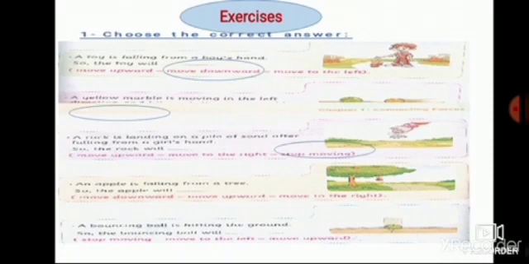So the apple will move downward. The last one, the bouncing ball is hitting the ground. What will happen? The ball hits the ground and yes, moves upward.